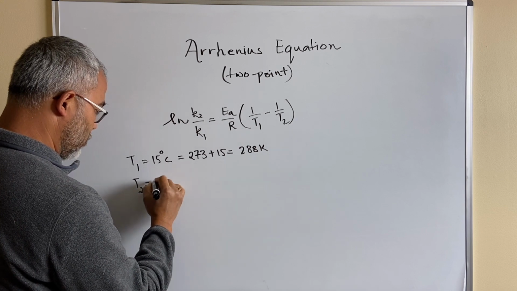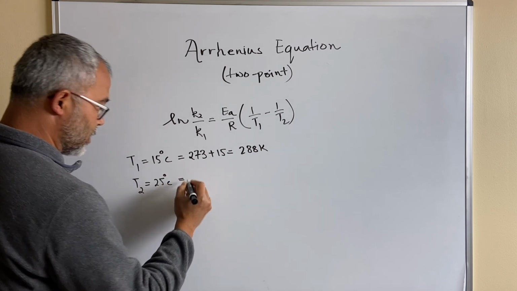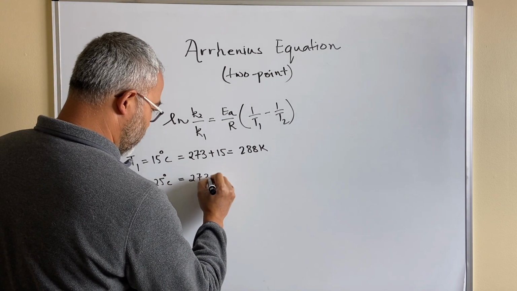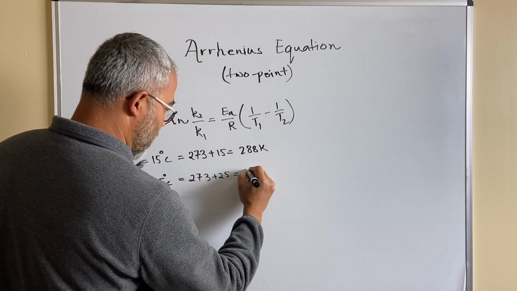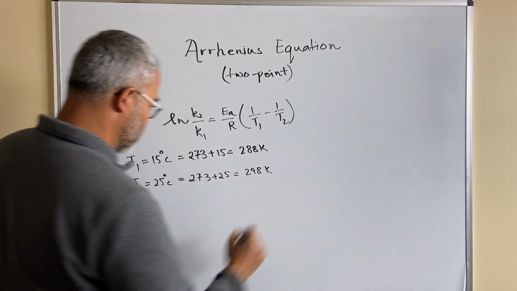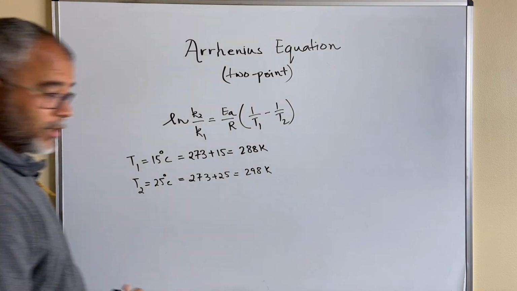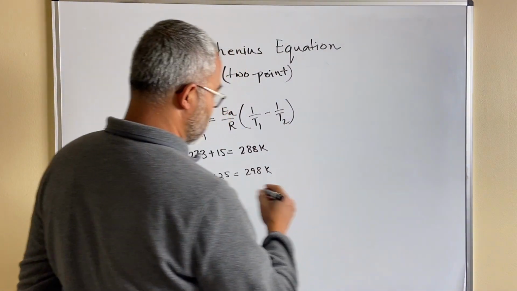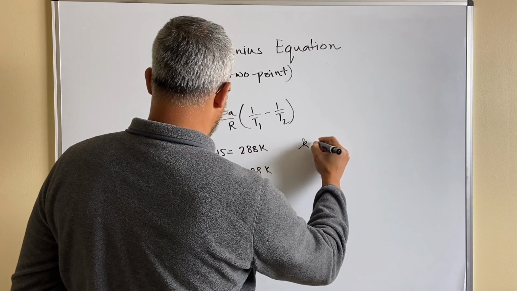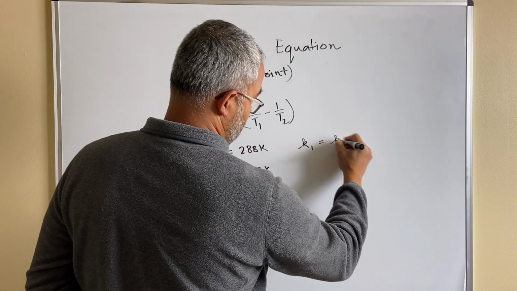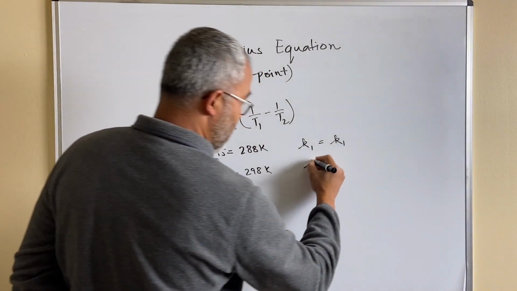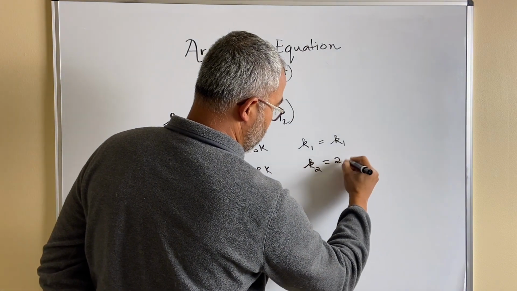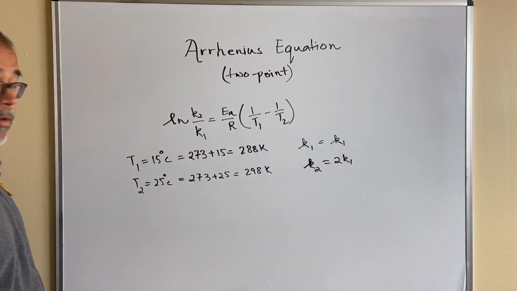And T2 is 25 degrees Celsius. So that's going to be 273 plus 25, that's 298 Kelvin. And then what they're saying is that the rate constant doubles when the temperature increases. So K1 is simply K1, and K2 is equal to 2 times K1. That's how we work it.